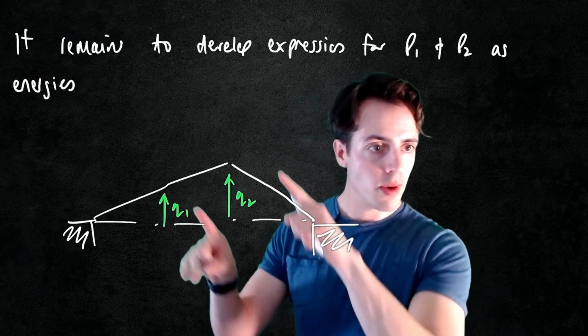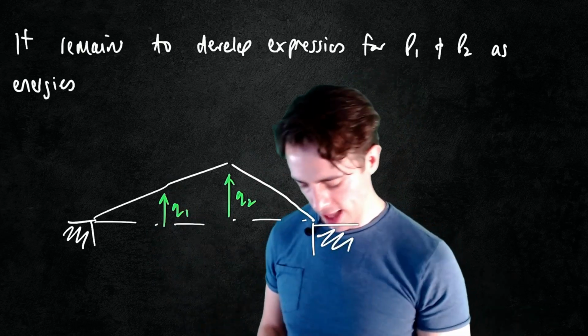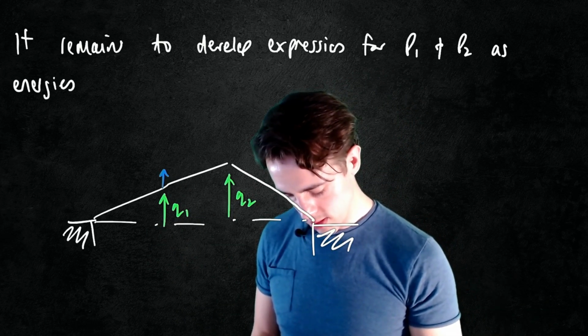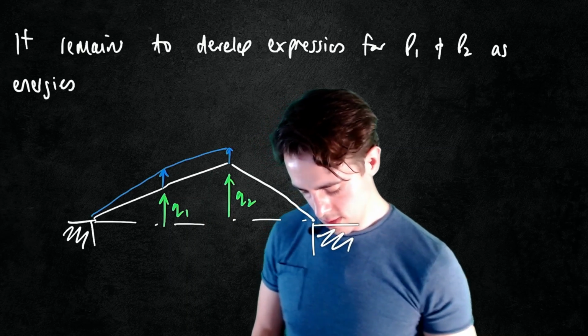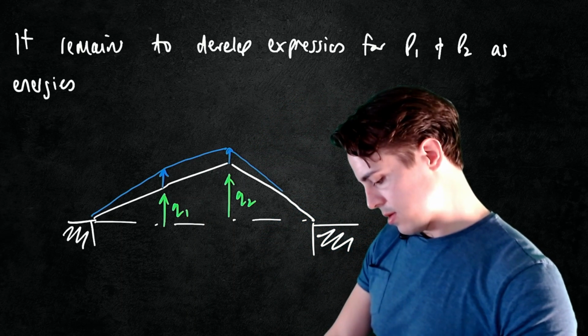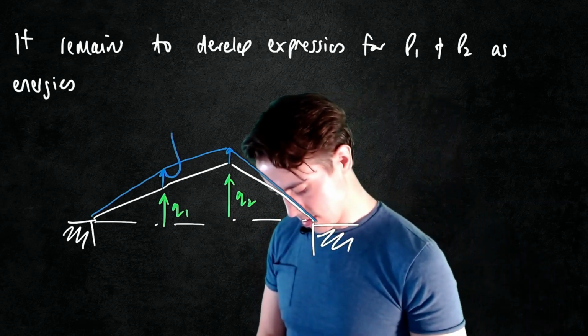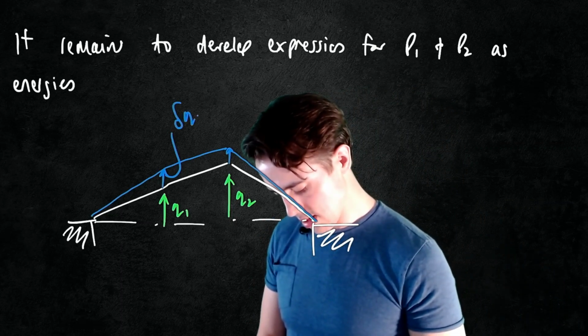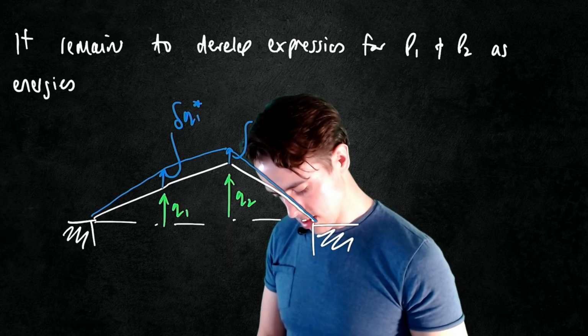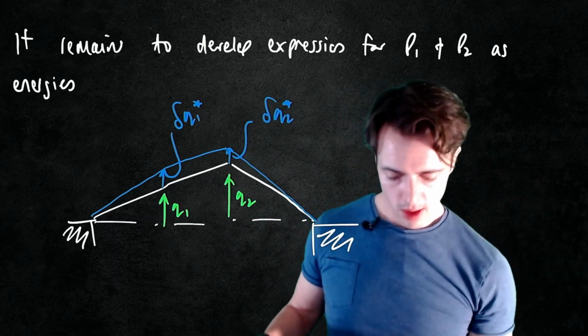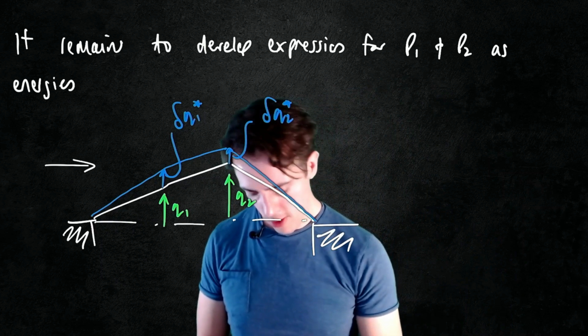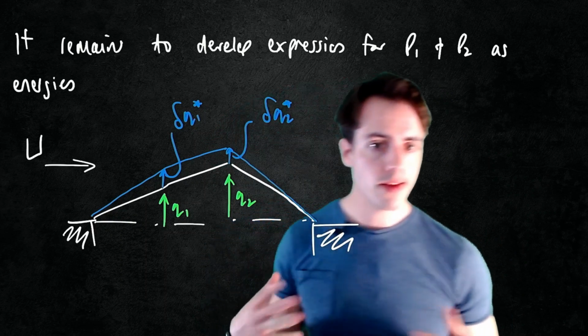We're then going to say that both of these move up by an arbitrary infinitesimal amount. And so we then have, we'll say this is delta Q1 star, delta Q2 star.